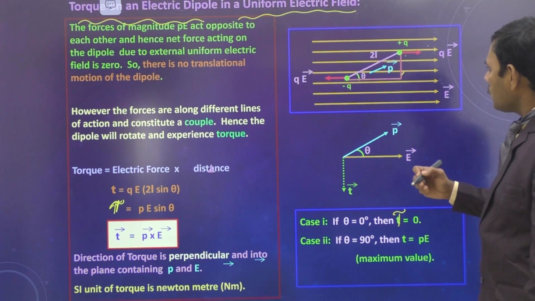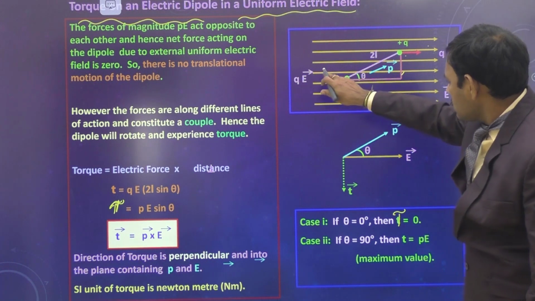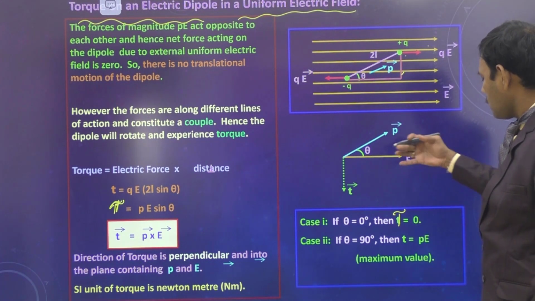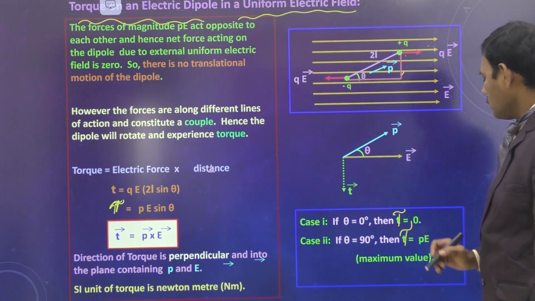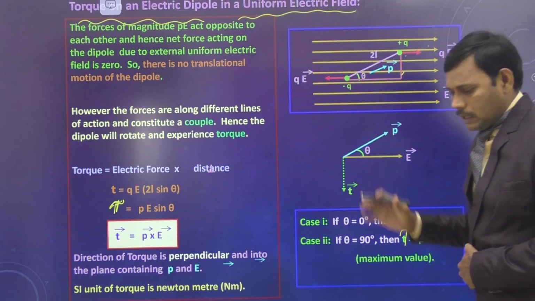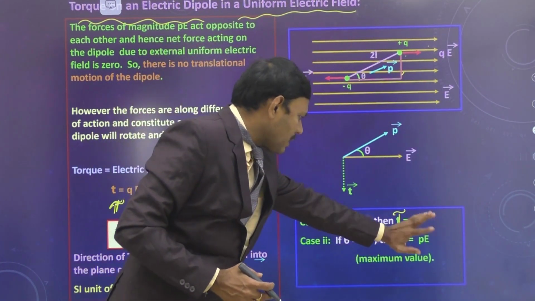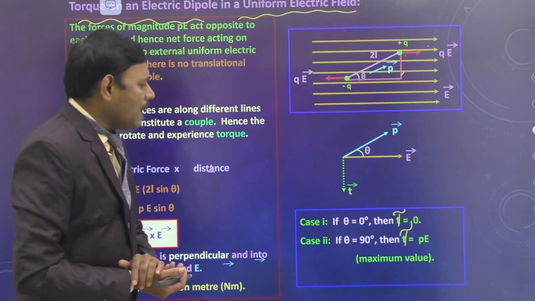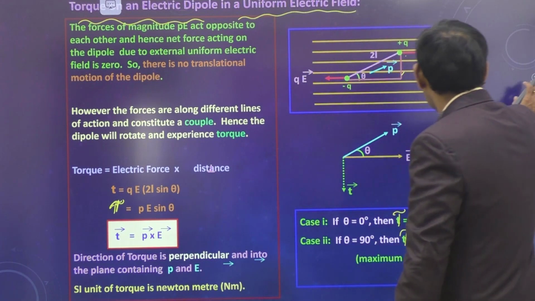If theta is 90, the dipole is kept along the y direction, whereas E bar is along the x direction, then tau is equal to pE sin 90, that is equal to pE. When the dipole moment is perpendicular to the electric field, there is maximum torque pE. When the dipole is parallel, the torque exerted by the electric field on the dipole is 0.